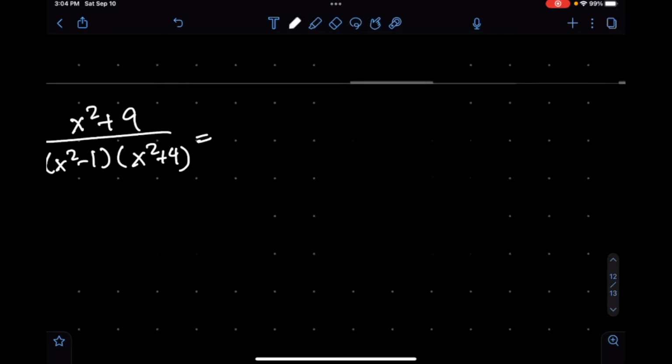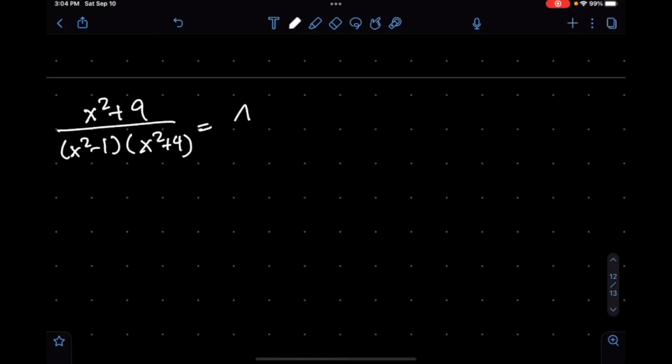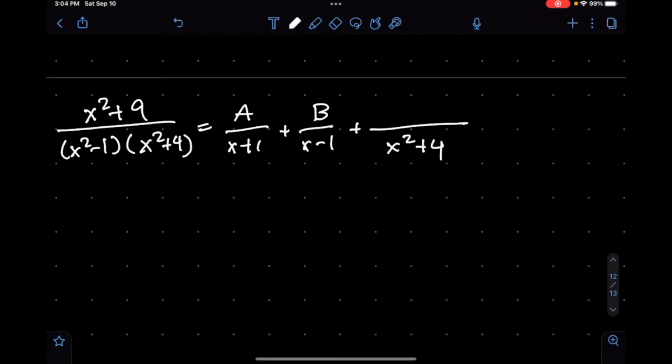We can rewrite this as a over x plus 1 plus b over x minus 1 plus something over x squared plus 4. Now, instead of just putting a constant here, because we have a squared term here, we're going to have to raise the power up by 1. So now we're going to have some constant c times x plus a constant d.